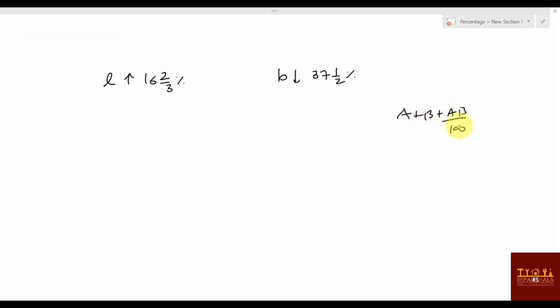If you apply it, it will take a lot of time, but the same thing you can do very easily with this ratio approach. You can say this is area old and this is area new. This value is actually 1 by 6, and it is increasing by 1, meaning 6 will become 7.